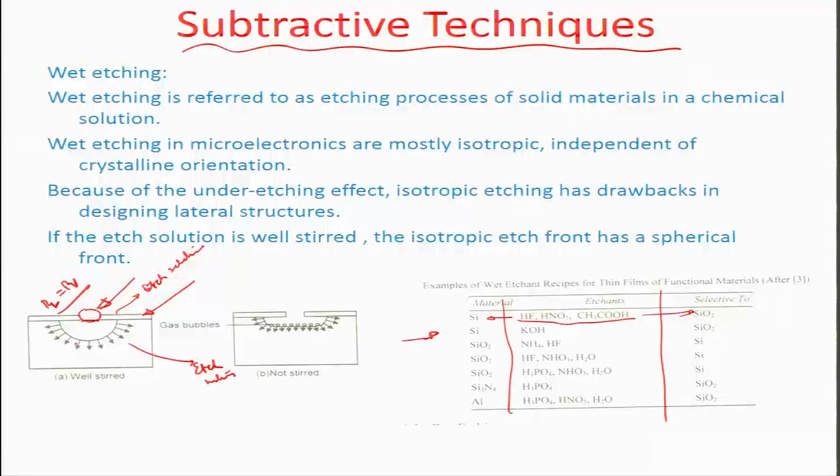However, if you are not able to remove the material as quickly, there is going to be some diffusional issues, because obviously the wall areas are much lower than the flat area.